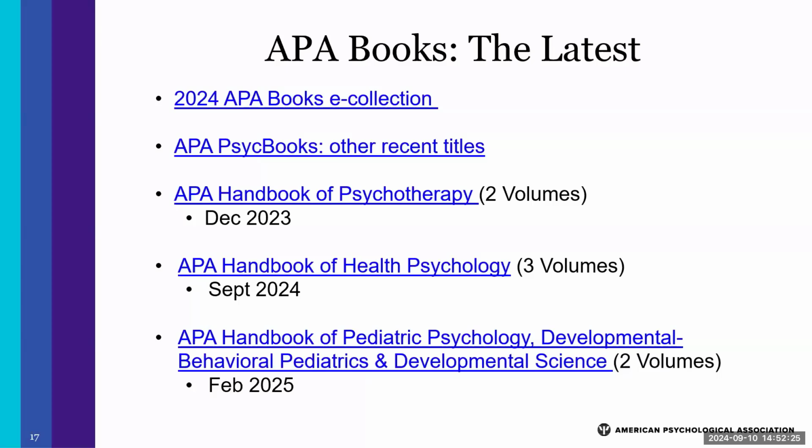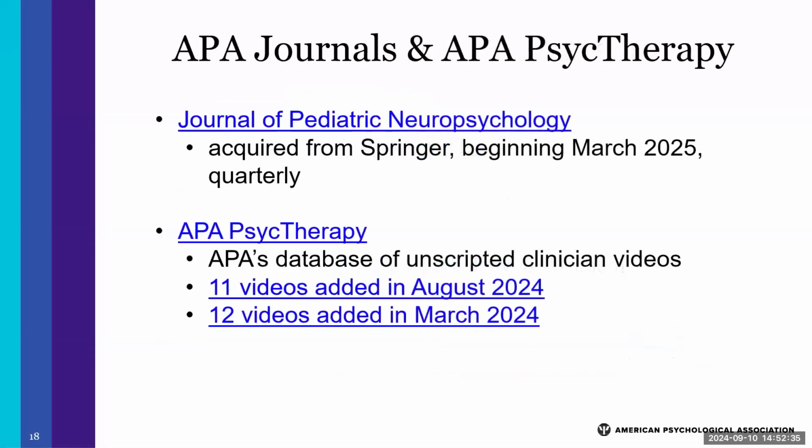And our most recent and our upcoming handbooks, which you can purchase as e-versions of the individual titles. We have a new journal being added to psych articles early next year. We've had 2 sets of updates for our psych therapy videos database. Again, download the slides, look at the links. You can always follow up with me after if you have some questions.